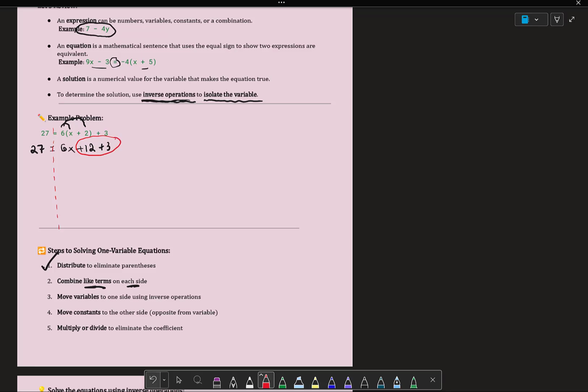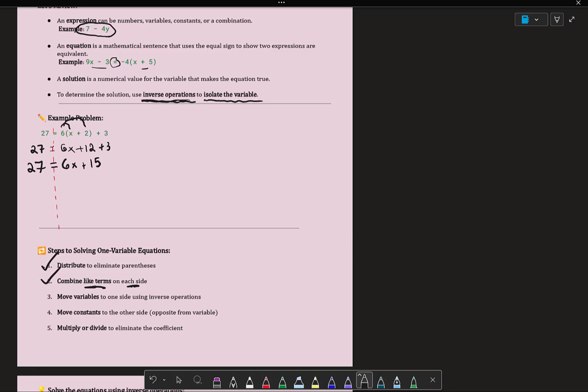These terms do not have x's with them, so we can just add those together like we always would. Positive 12 plus 3 gives us positive 15. Notice we don't have to do inverse operations yet because, again, the 12 and the 3 are on the same side with one another. So now we don't have any like terms on the left side or the right side.